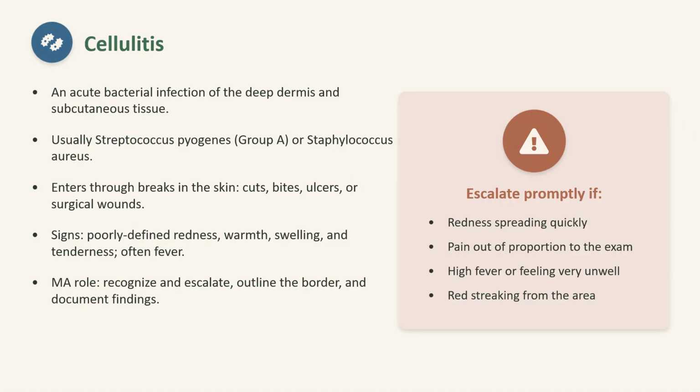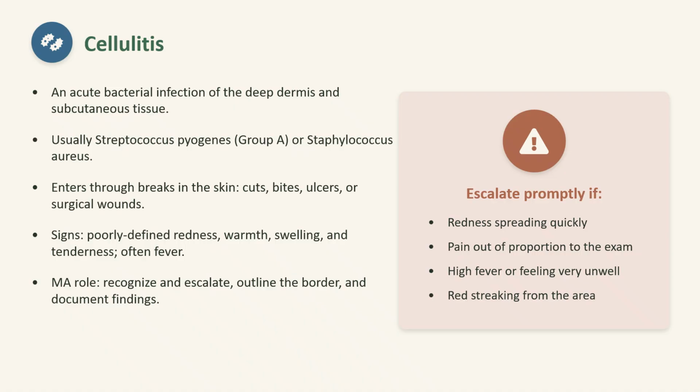Our fourth condition, cellulitis, is the most urgent of the group, so pay close attention. Cellulitis is an acute bacterial infection of the deeper skin, the deep dermis, and the subcutaneous tissue beneath it. It's extremely common, with millions of cases a year in the United States. It's usually caused by two bacteria, Streptococcus pyogenes, or group A strep, and Staphylococcus aureus.